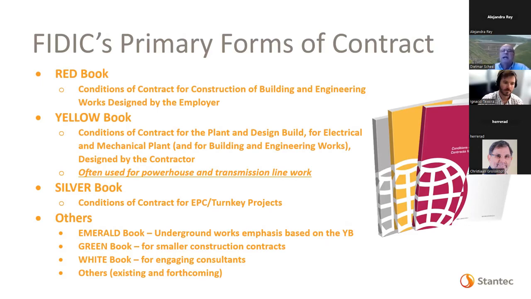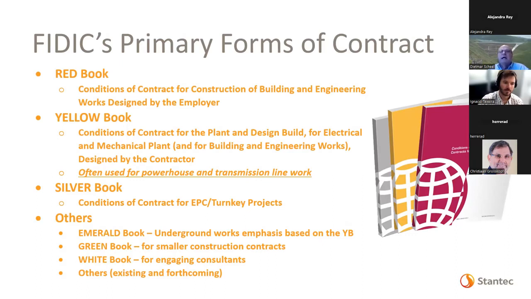It's turnkey, and there the contractor is exclusively responsible for the design. It tends to be more frequently used for civil contracts, though I've seen it also used for electromechanical. In between those two extremes is the yellow book, which is design build itself.